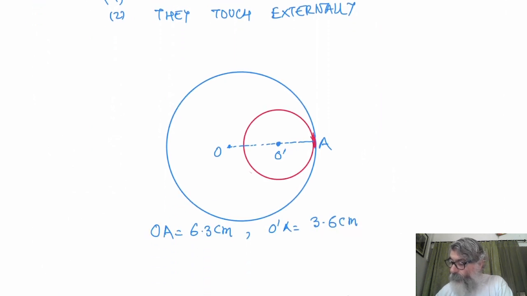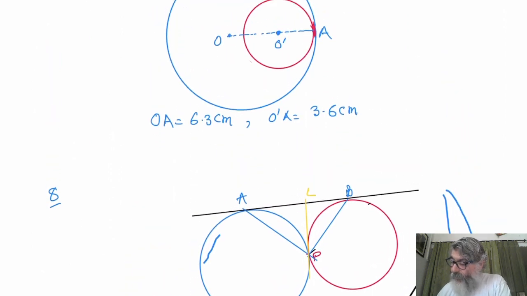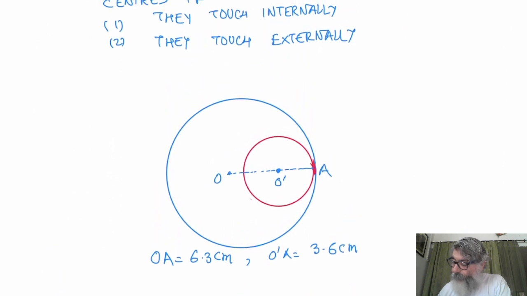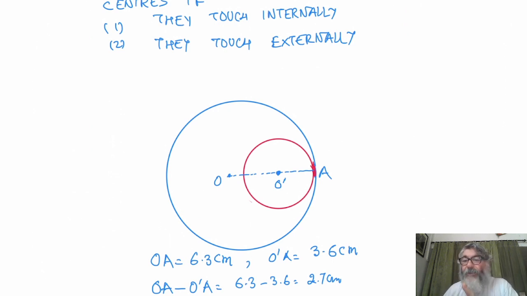So what will happen is that OA minus O dash A will be 6.3 minus 3.6, which is 2.7 centimeter. When they're touching internally, we subtract.